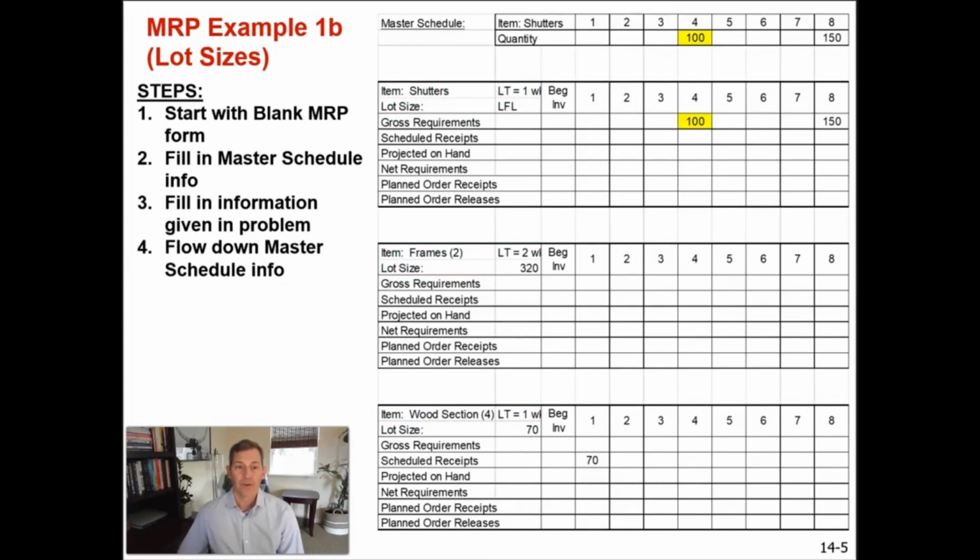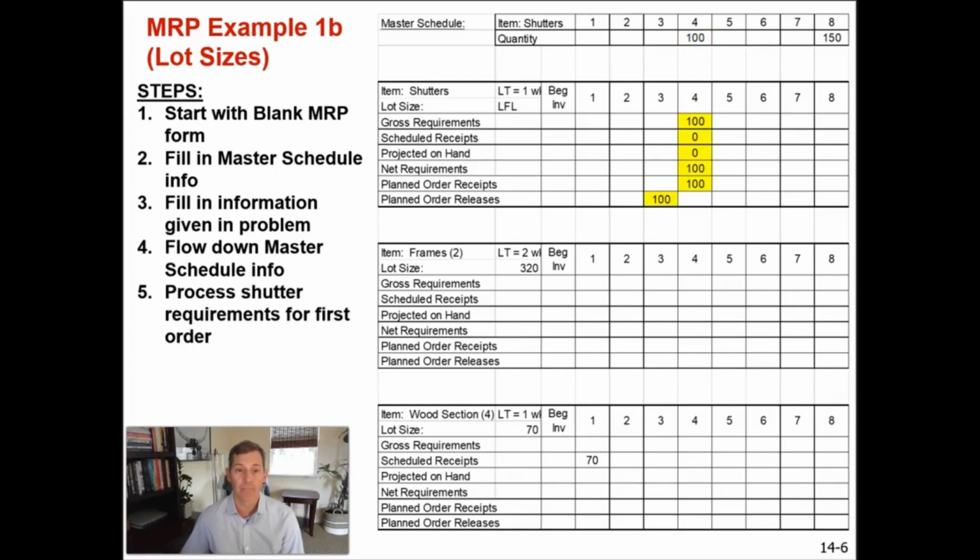You still have 100 units in week 4 of the shutters and 150 units in week 8. Remember, you will go left to right because we must fulfill all of our requirements for frames and wood sections for the shutters that are supposed to ship in week 4. So we need to fulfill the dependent demand items in week 4 first.